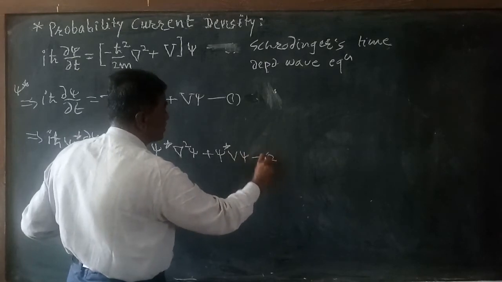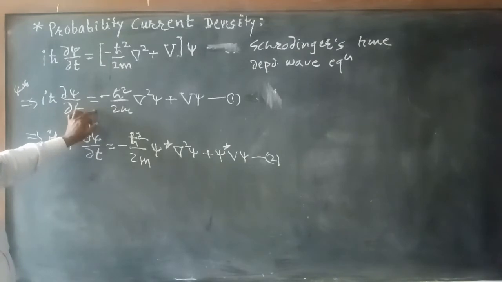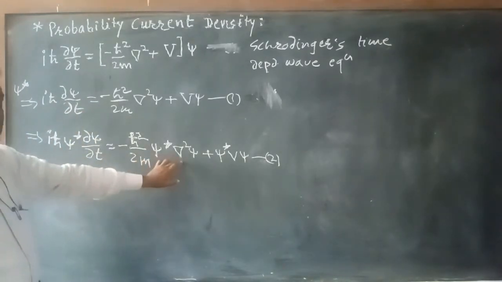Suppose this is equation number 2. This is Schrodinger's time dependent wave equation multiplied by psi star from the left.